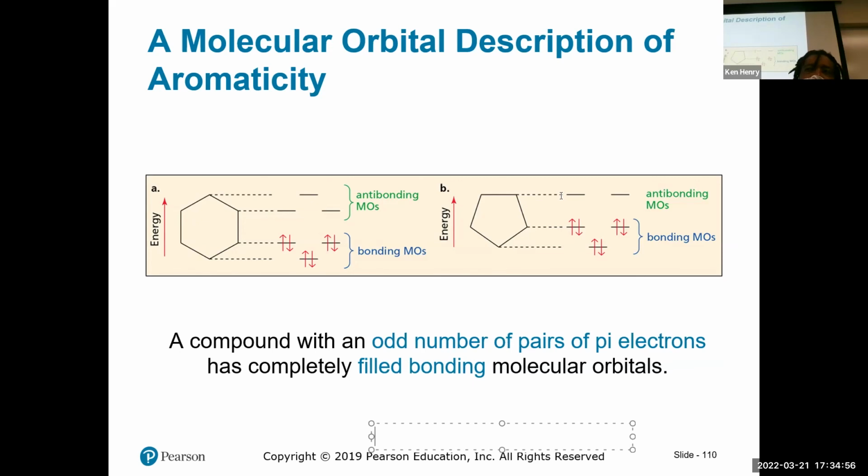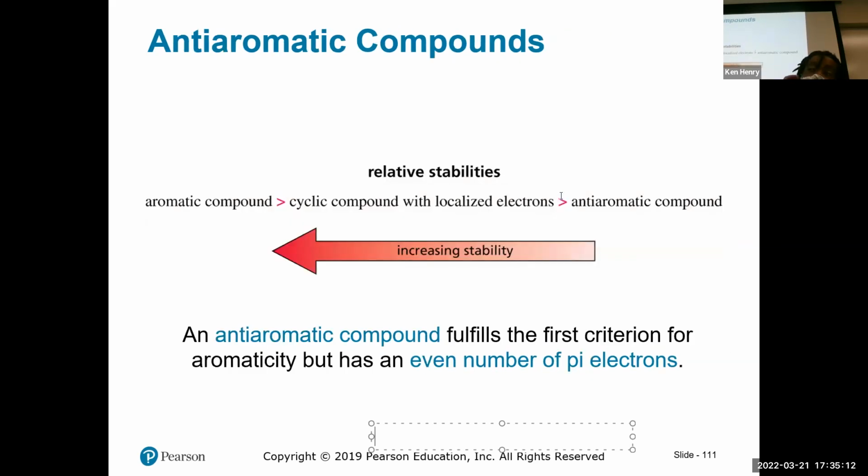So do you understand the question I asked you, and what we just talked about with the anti-aromatic compound? Okay, so when it's anti-aromatic, it fulfills the first criteria, meaning that you have three pairs, or odd pairs, of electrons, right?